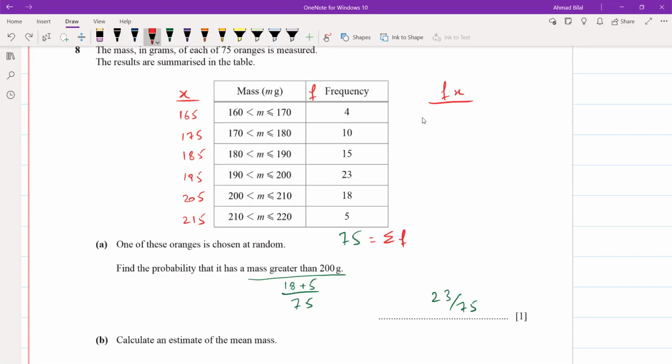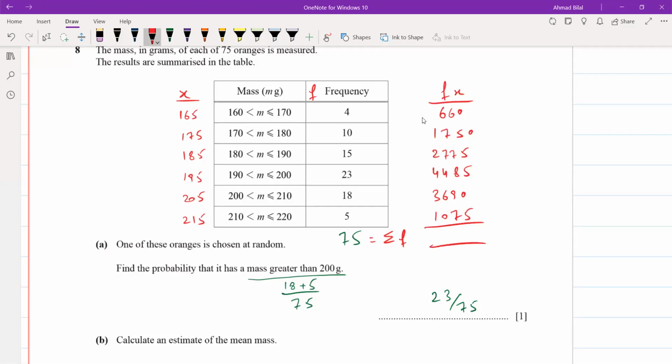What's that? 660. 10 into 175, that's 1750. 15 into 185, that's 2775. 195 into 23, that is 4485. 18 into 205, 3690. And 215 into 5, that is 1075.